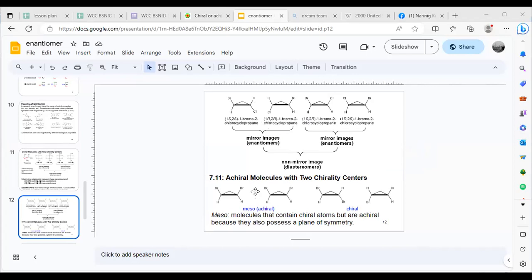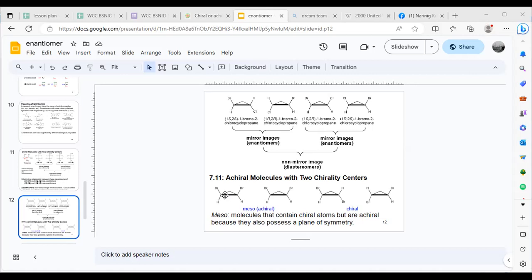Okay, you can also have a molecule that has two chirality centers, but they have symmetry that would make them achiral. Meaning if you put a mirror in the middle of that molecule, one half will reflect the other half. So look at this molecule.